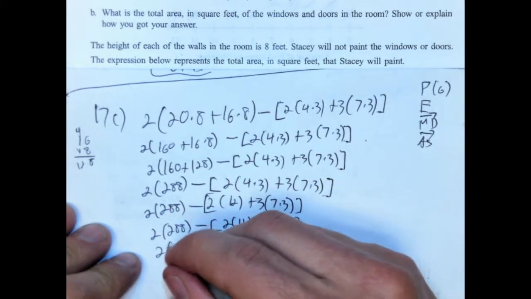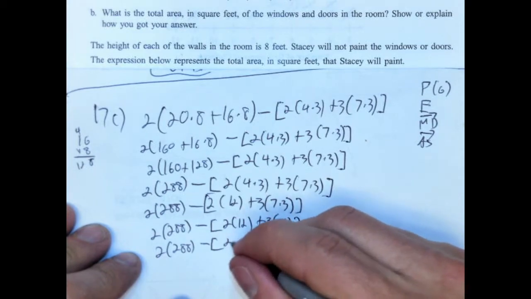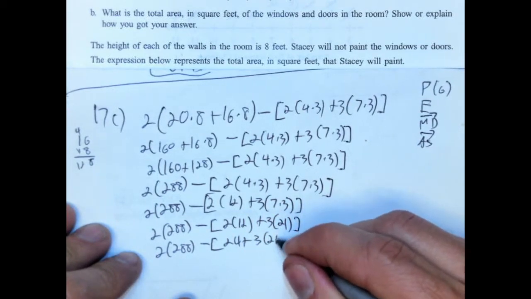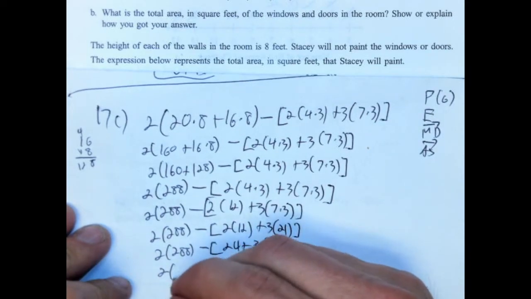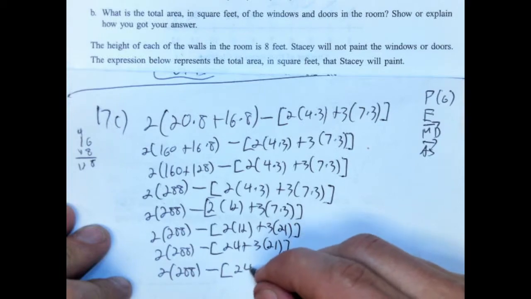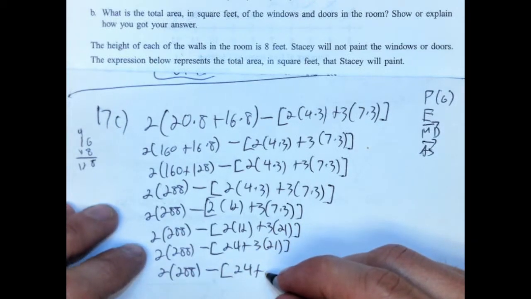Okay, 288 minus bracket 2 times 12 is 24 plus 3 times 21 close bracket. 288 minus bracket 24 plus, see, 3 times 21 will be 63.